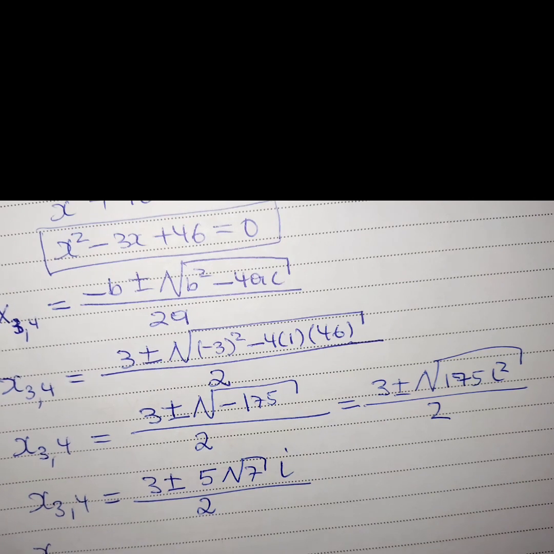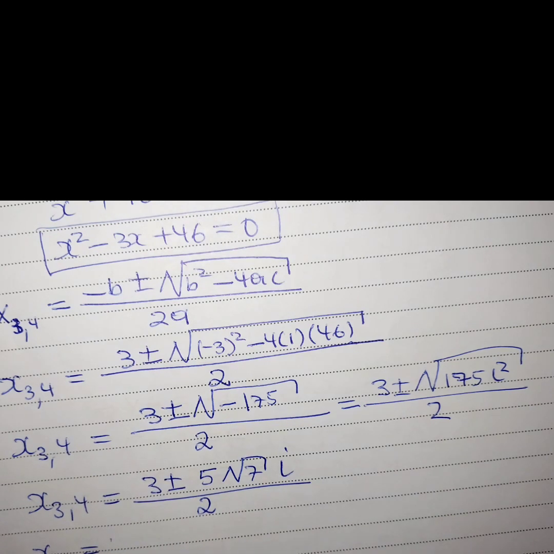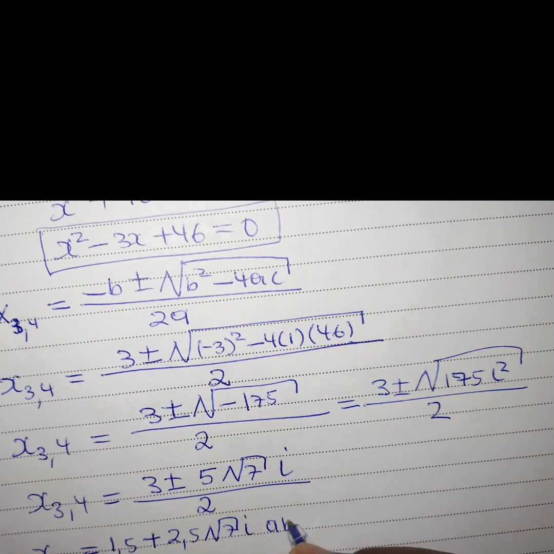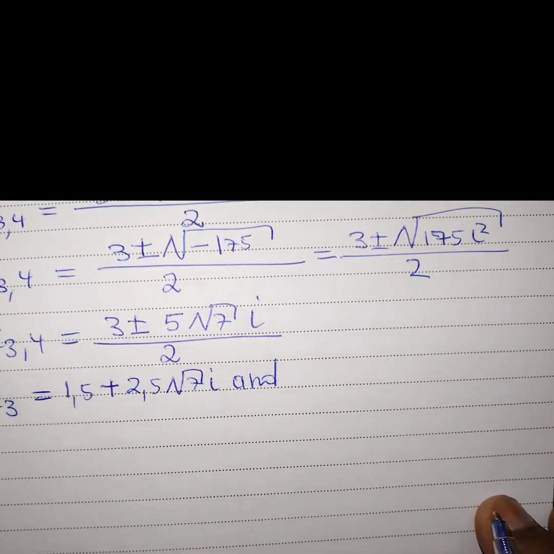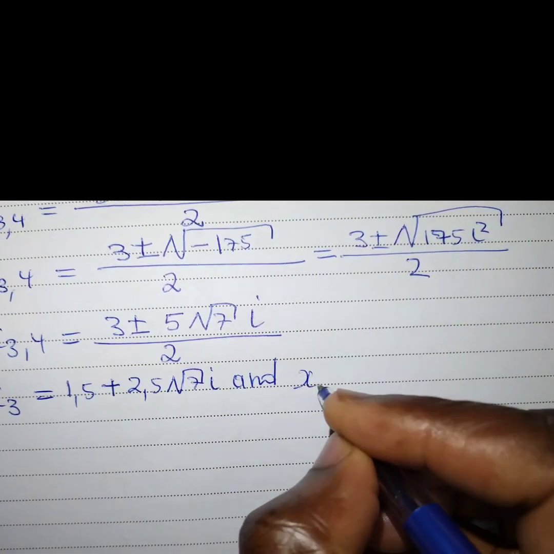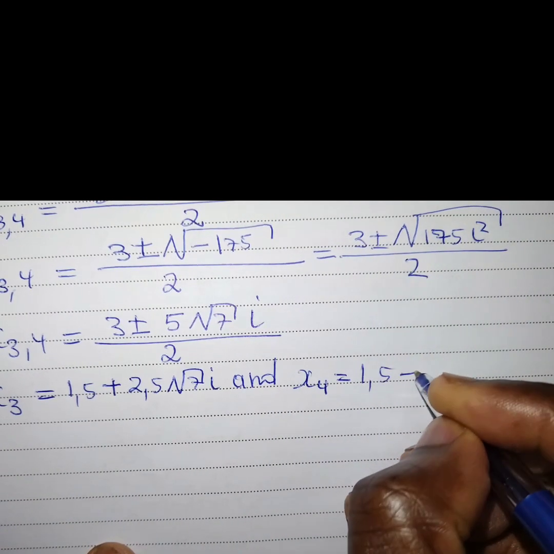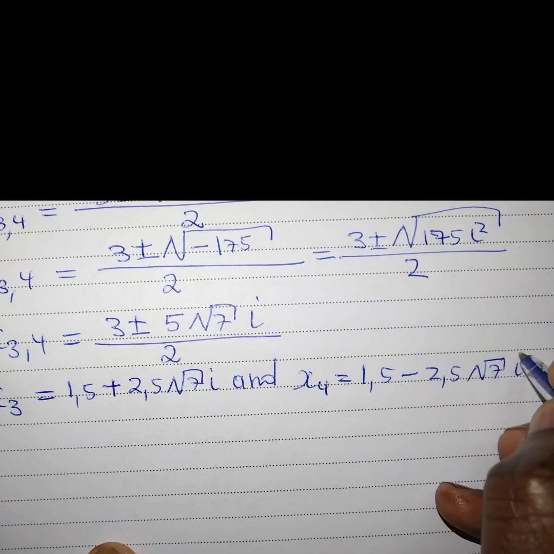So x3 will be equal to 3 over 2, that's 1.5, plus 5 over 2, that's 2.5, square root of 7i. And x4 will be 1.5 minus 2.5 square root of 7i.